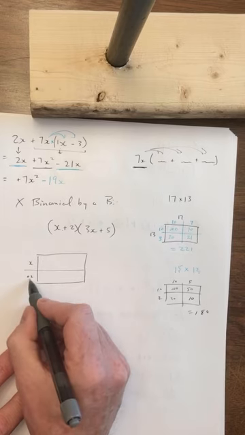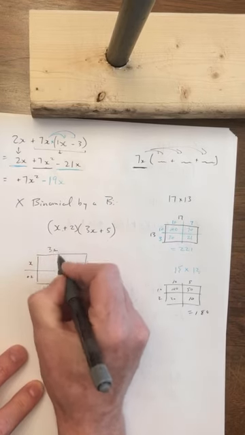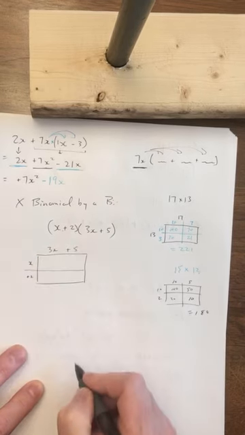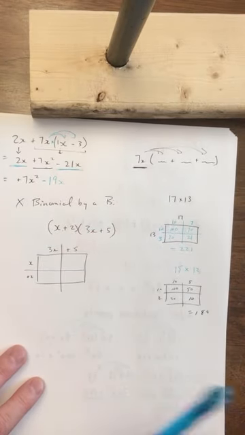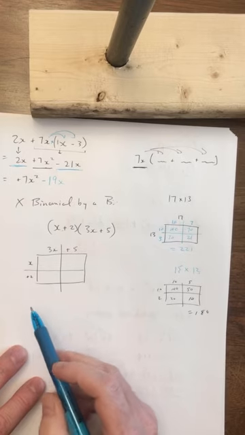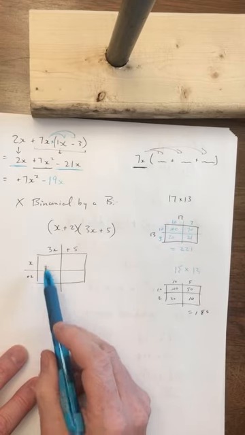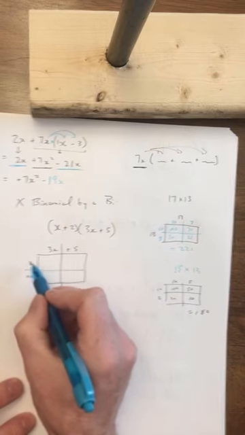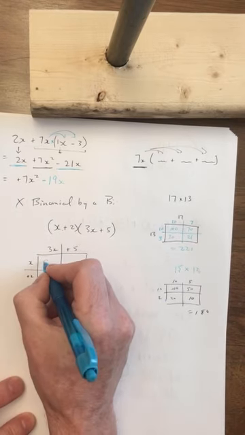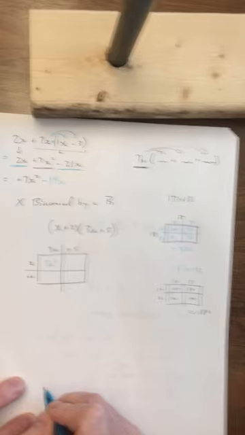So there's my x times 2, and that's going to be 3x times 3x plus 5. I'm going to break it up by term as well. And so now what I'm going to do is multiply out these four things, and then, like I did here, add them together. So x times 3x is 3x squared.